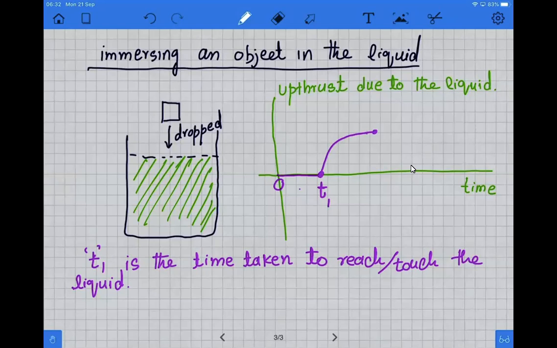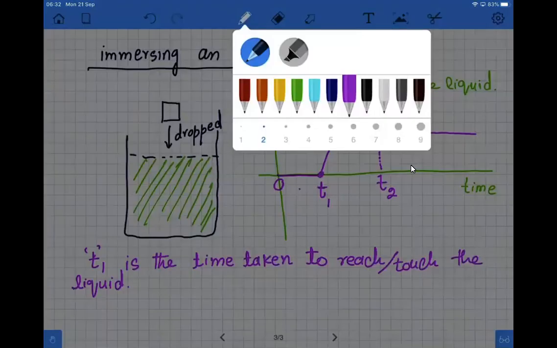And once the object is fully immersed, the upthrust will become constant. This time T2 is the time when the object is fully immersed. Now there are two important things.